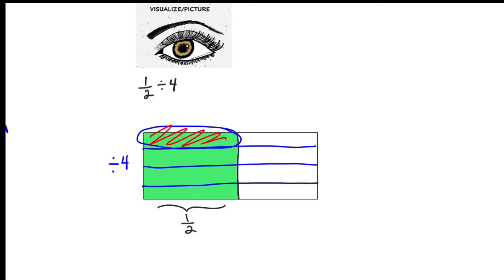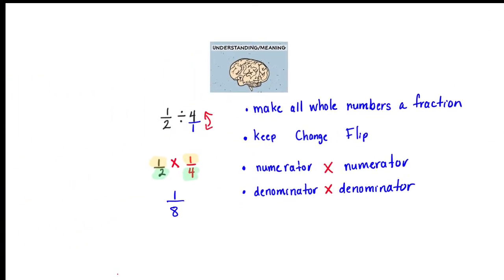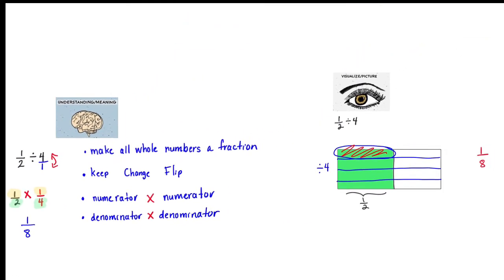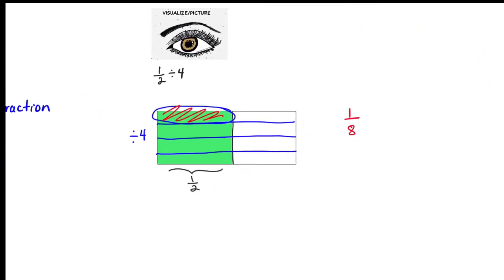So that would be one part out of how many? How many parts do I have? 1, 2, 3, 4, 5, 6, 7, 8. So 1/8. And that was exactly the same answer that we got earlier.